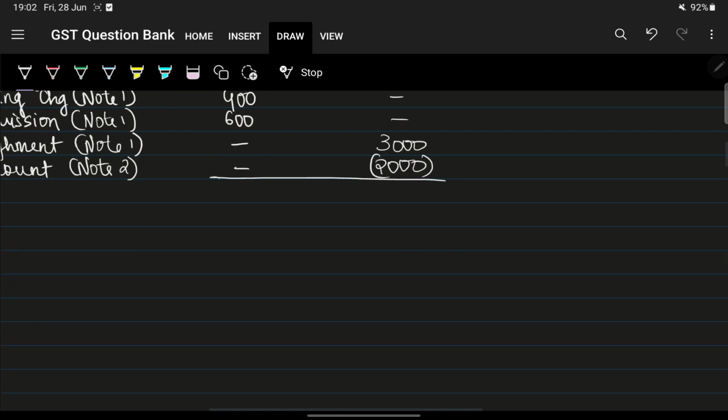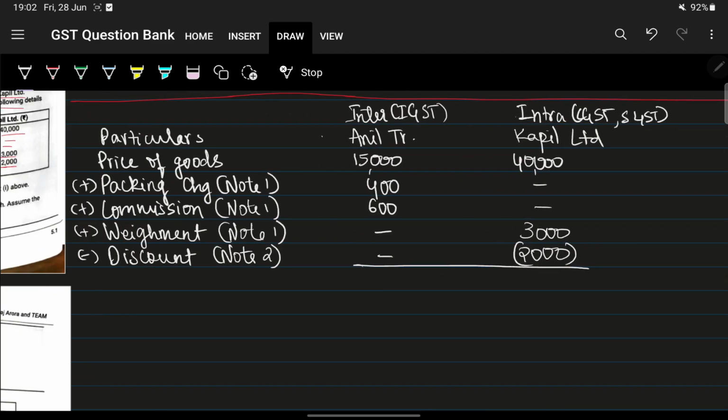Next we'll calculate. 15,000 plus 400, plus 600, this will come out to 16,000, the value of supply. Next, here 40,000 plus 3,000 is 43,000, minus 2,000, 41,000.